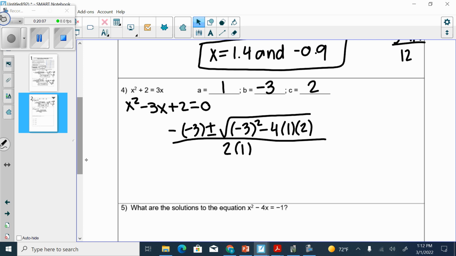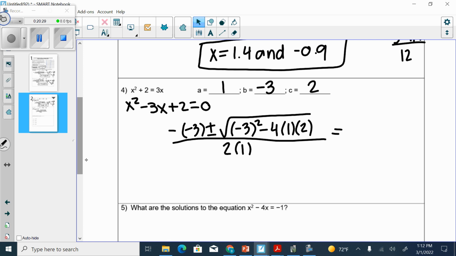Okay, so underneath my radical, I've got -3 squared. Make sure you put the -3 in parentheses and the square outside, minus 4 parentheses 1 parentheses 2. And what do we get? 1. Very good.